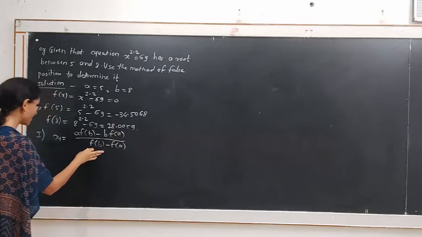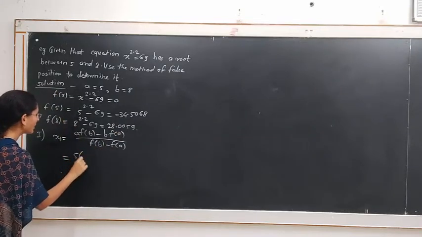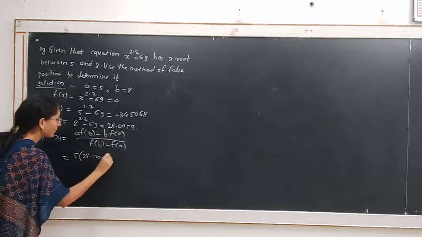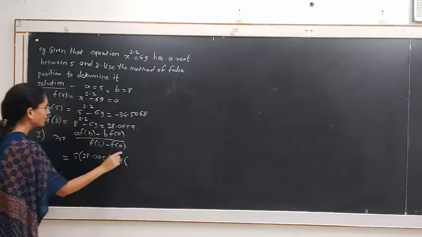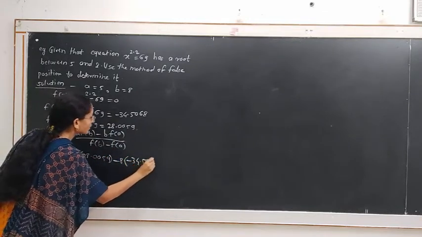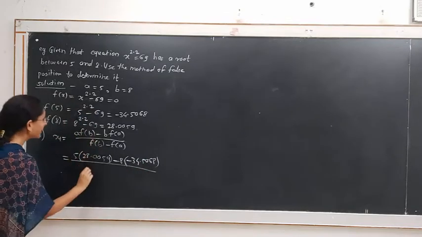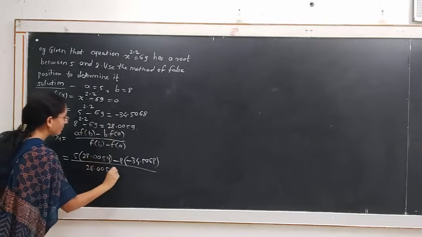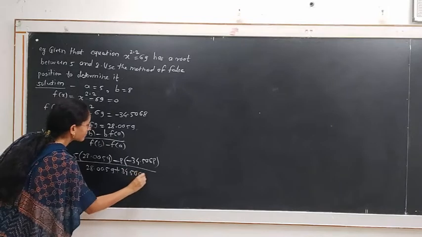Using all these values in this equation, we get 5 into f of b, which is 28.0059, minus b value 8 into f of a value minus 34.5068, divided by f of b, 28.0059, and minus minus will come plus 34.5068.